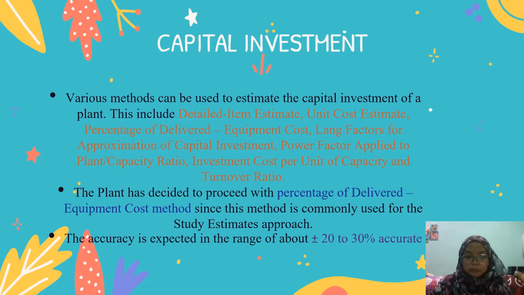Okay, for the benzene plant, we have decided to proceed with the percentage of delivered equipment cost method, since this method is commonly used for the study estimate approach. The accuracy is expected in the range of about plus minus 20 to 30%.